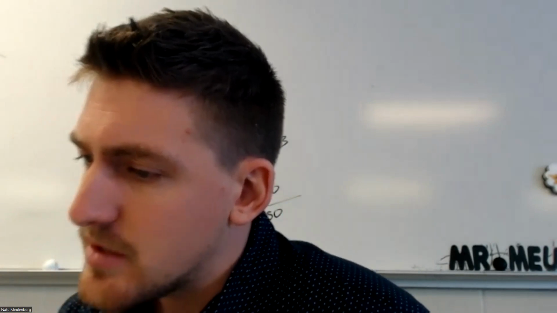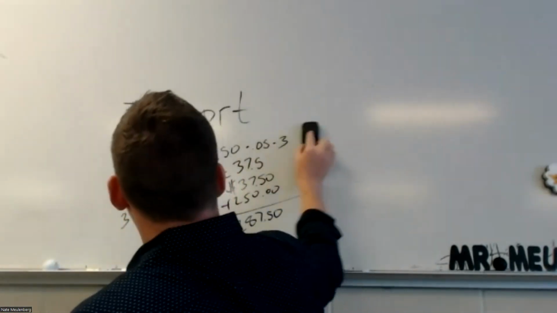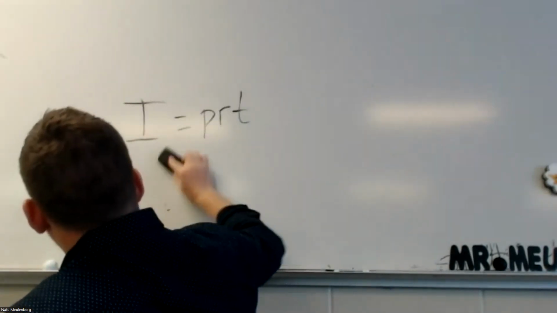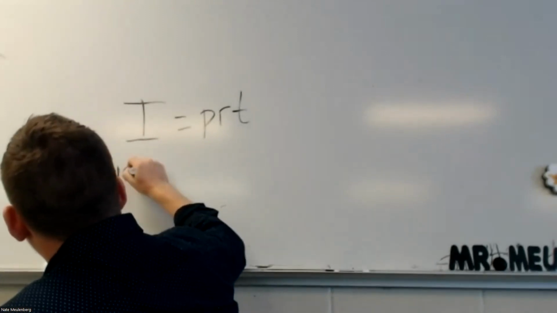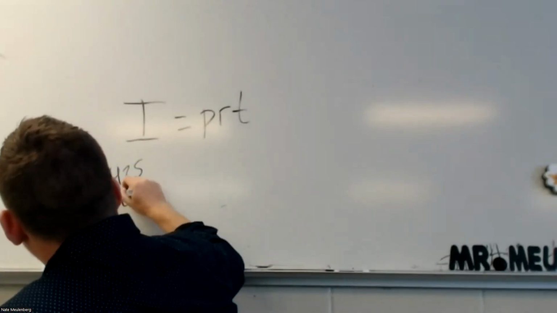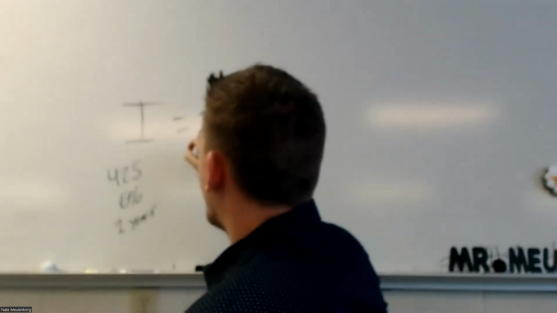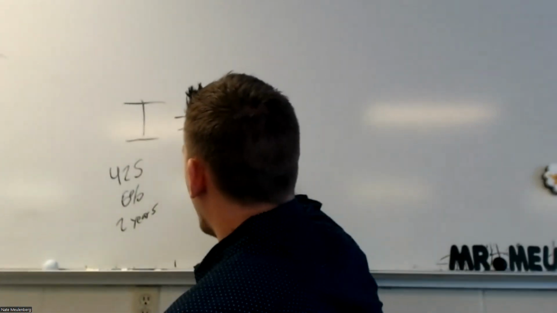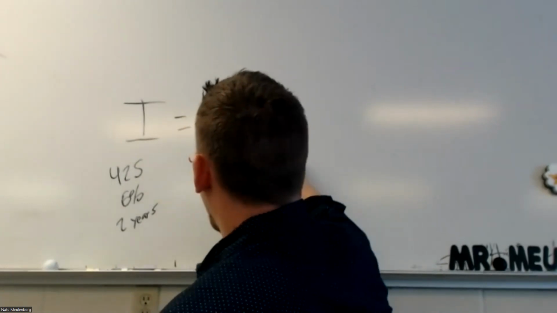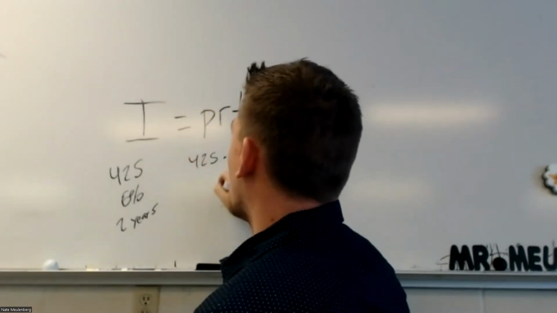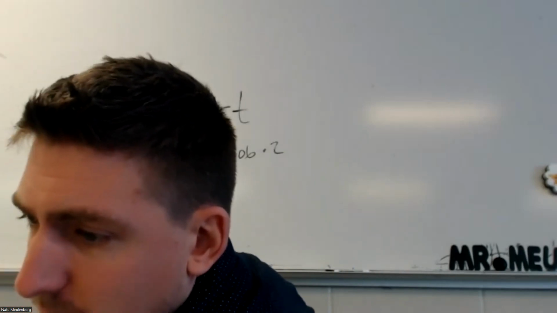Okay, number, what are we on, 8? 425 at 6%, 2 years. So 425 times 0.06 times 2. When you do that, what do you get?